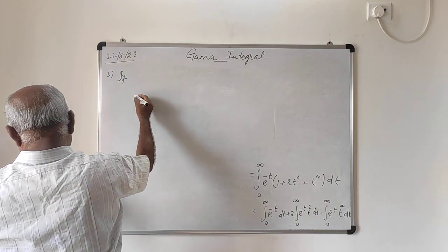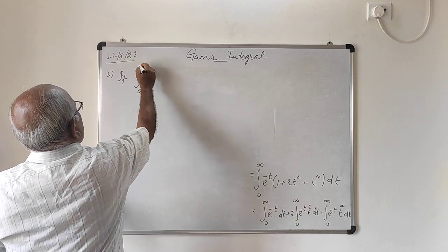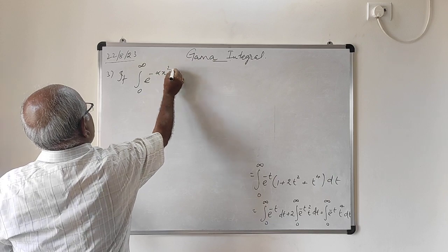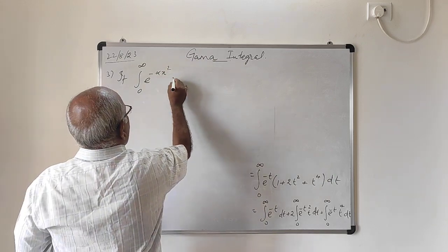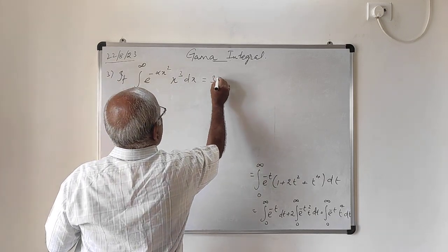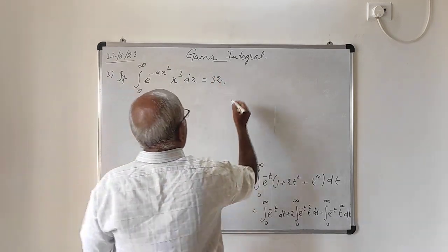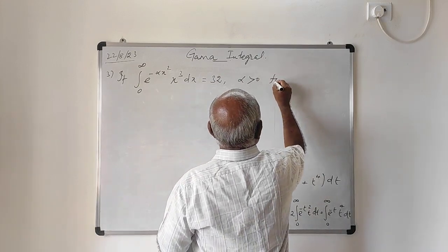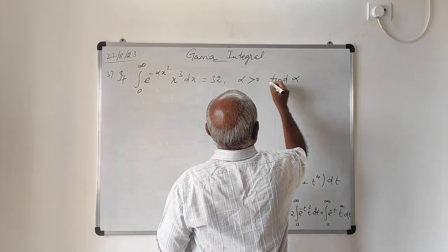If integral 0 to infinity e power minus alpha x square into x cube dx is equal to 32, and alpha is greater than 0, then find the value of alpha.